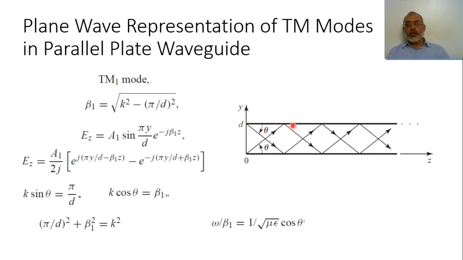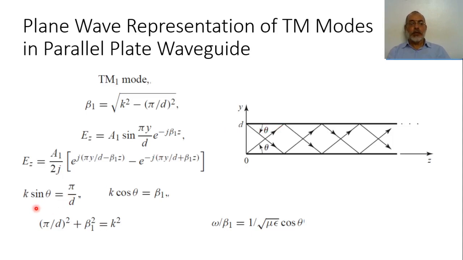So we have a propagation in z and in y, which correspond to a tilted plane wave with an angle theta. This angle can be determined as tan⁻¹ of the propagation in y over the propagation in z, so theta equals tan⁻¹ of (π/d) over β1.